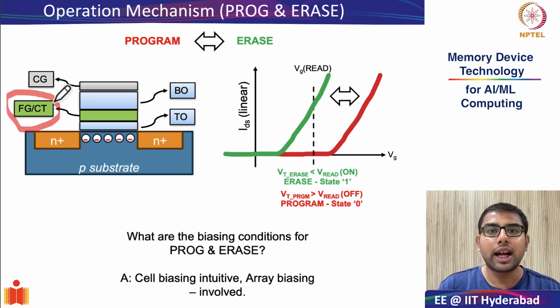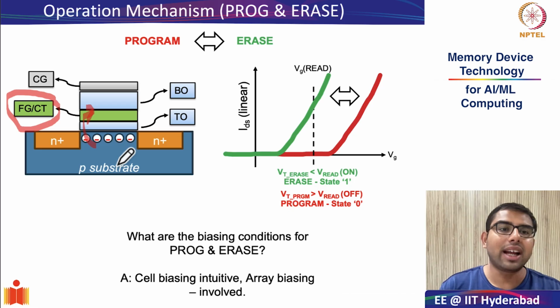We also saw that depending on the nature of the charge storage layer, you can classify the flash cell or the flash transistor into two types, the floating gate and the charge trap cell. The entire operation mechanism depends on whether you have pulled electrons from the channel into the charge storage layer, or pushed them back into the channel.